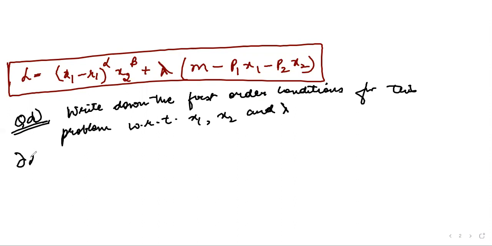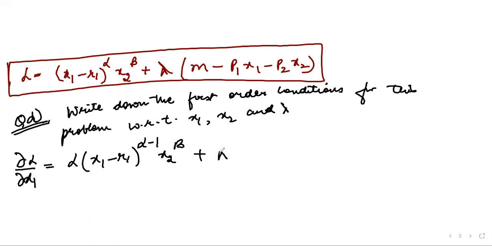So del L by del x1, you differentiate this function with respect to x1, gives you alpha (x1 minus r1) to the power alpha minus 1 into x2 to the power beta plus lambda. M is a constant, its differentiation will be 0. P1 is a constant.